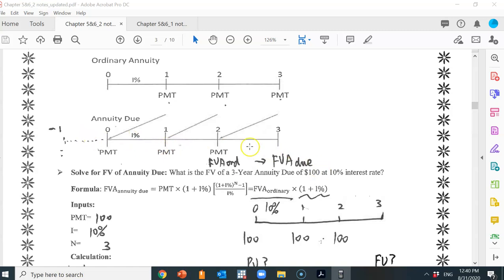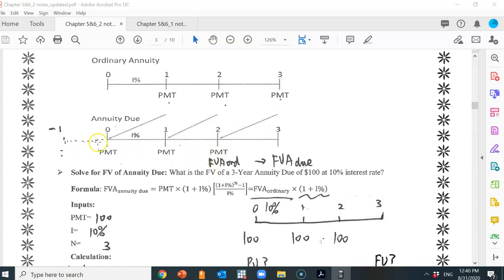Because if we look at this annuity due here, and if we add a timeline that's negative 1 to 0, and if we look from negative 1 to 2, this annuity due becomes an ordinary annuity.